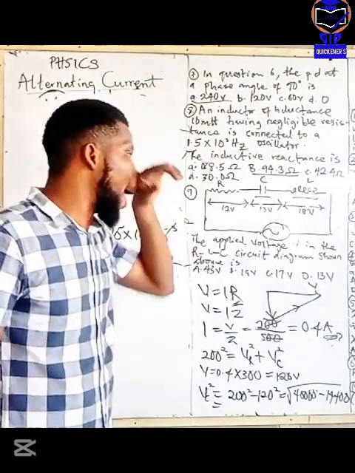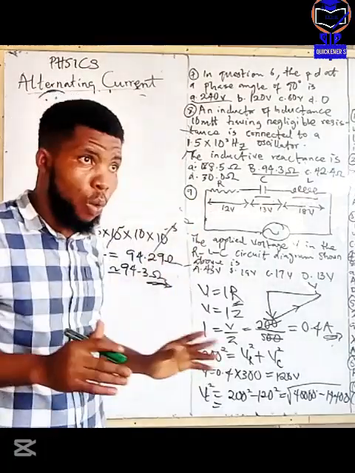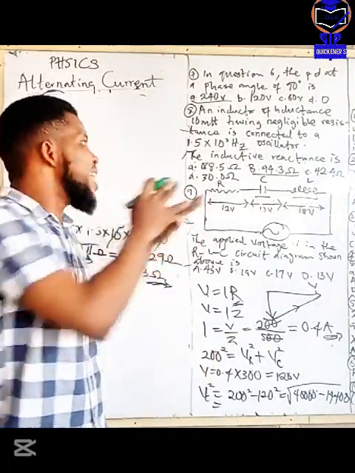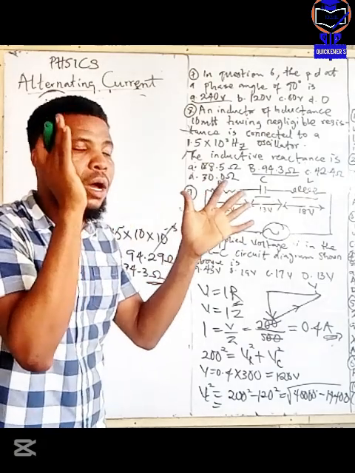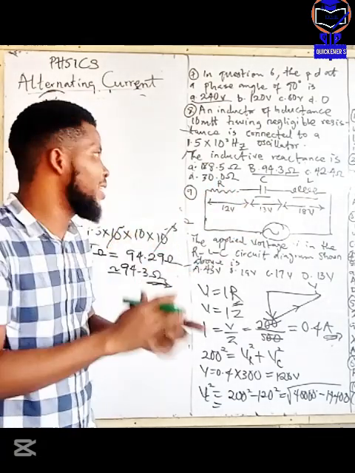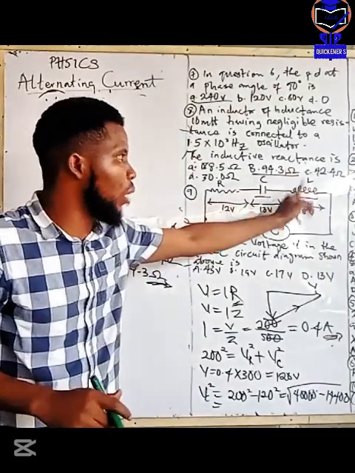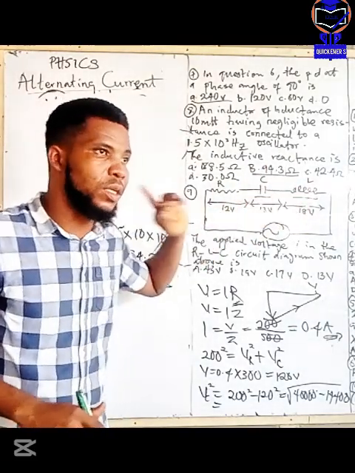Now, anytime the voltage of L and C is equal, then we say that the RLC circuit is in resonance. We call it a resonance circuit. That is when the voltage of this is equal to this, or when the reactance of this is equal to this.